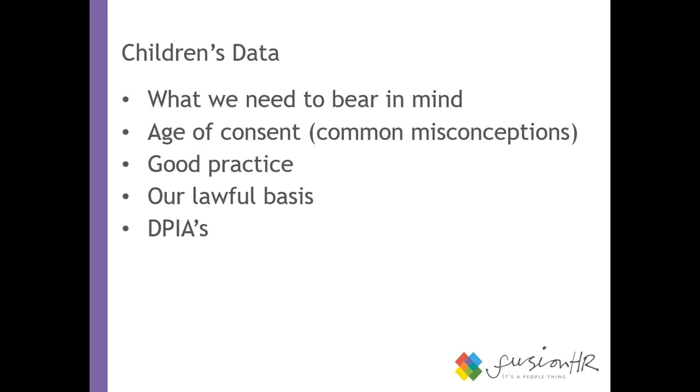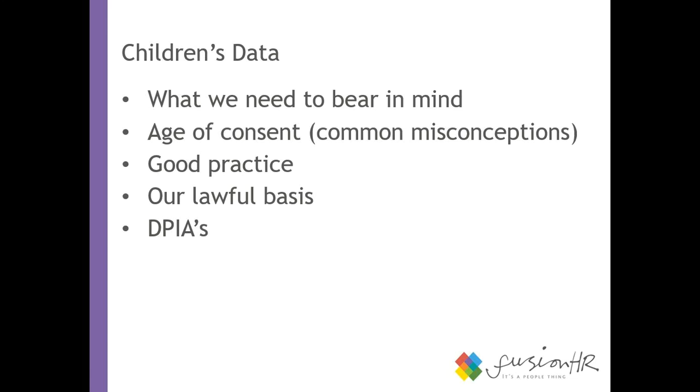Get them involved. So in terms of consent, as I said, there isn't really one in terms of subject access. If the child is of an age where they can ultimately understand what you're doing with their personal data, they're entitled to find out about it. The majority of the time, you are going to get a subject access request from a parent, so you are within your rights as a school to set the age of consent for subject access requests in education at 16.